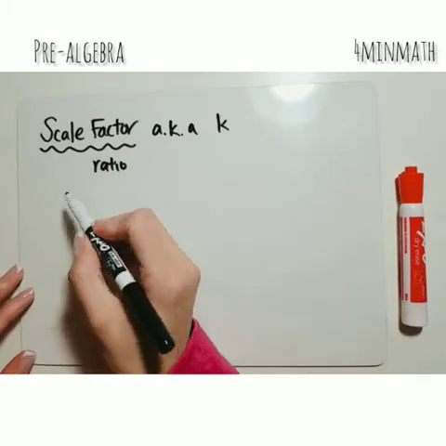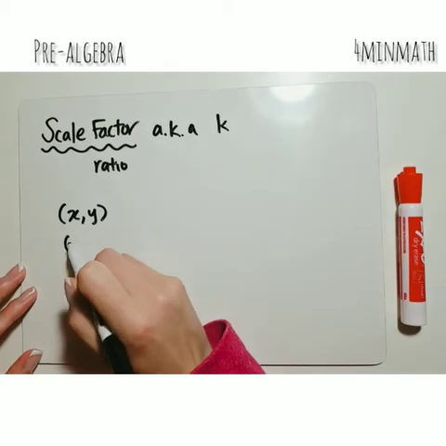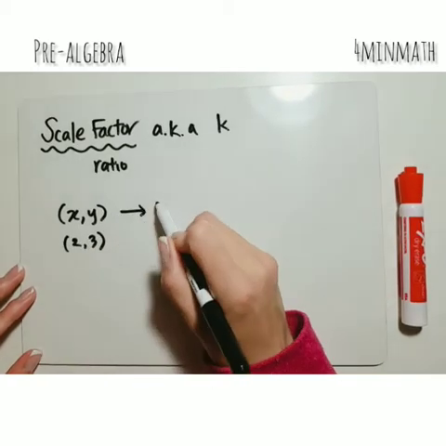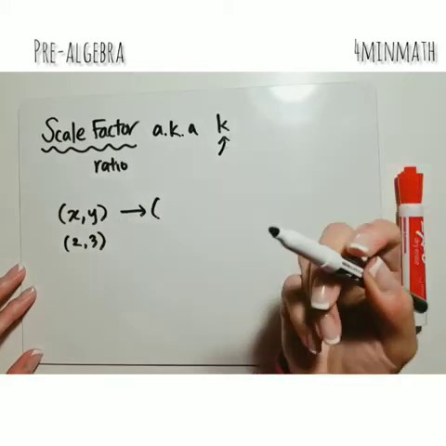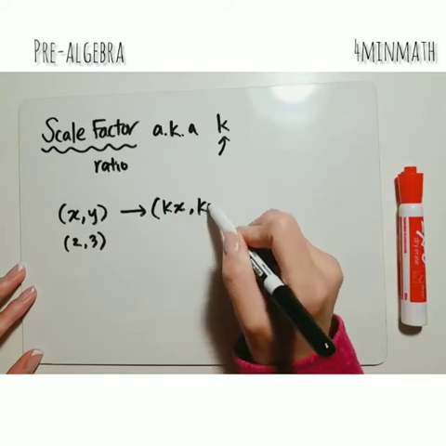Meaning, let's say I had a coordinate x and y, let's say 2, 3. The rule here is that I'm going to multiply all my coordinates by the value of k. So it becomes k times x and k times y.